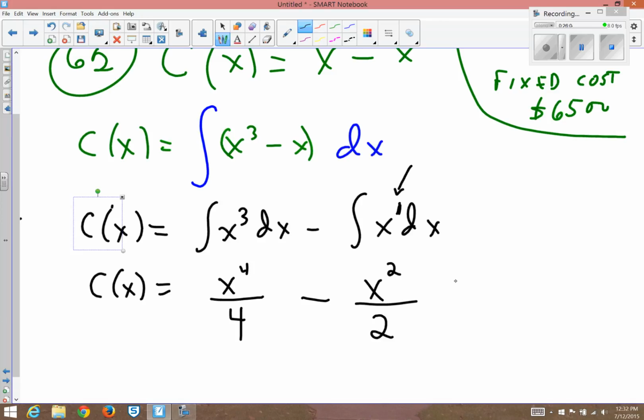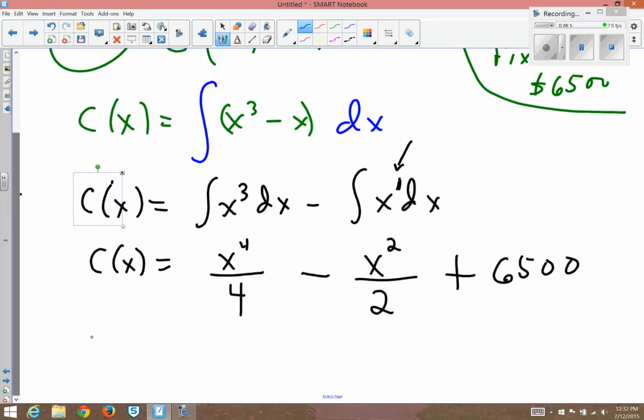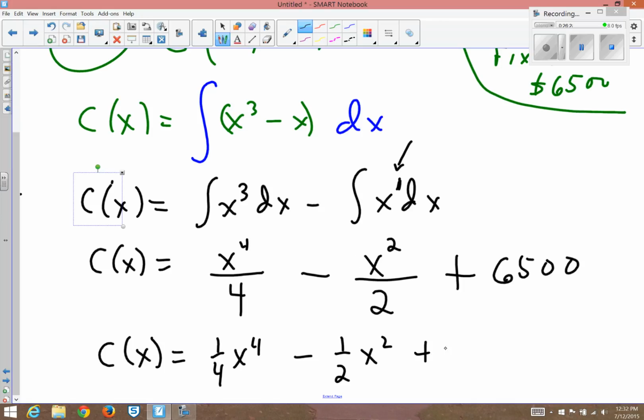Now in the formula we say plus any constant. In this case we're going to say the constant is $6,500. So we'll take a minute to talk about why this is the right answer. C of x equals, there's a 1 here, so let's write 1/4 times x to the 4th minus, there's a 1 there, so we can write 1/2 times x to the 2nd plus 6,500.